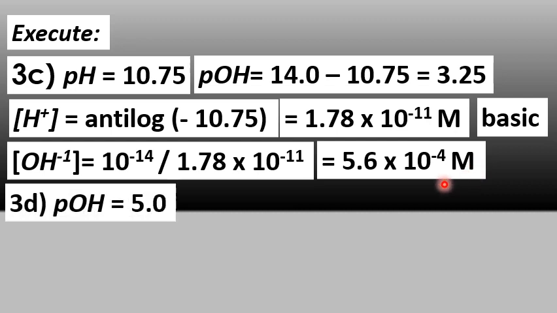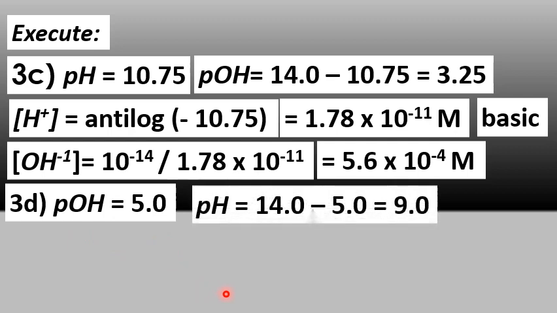And lastly, for question letter D, we are given the pOH value equal to 5.0. So, the pH value would be 14.0 minus 5.0 or 9.0. So again, it is a basic solution or an alkaline solution with its pH higher than 7.